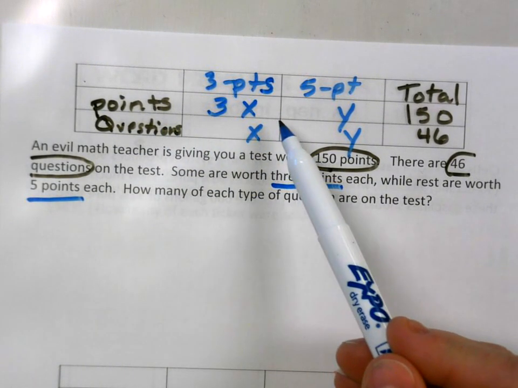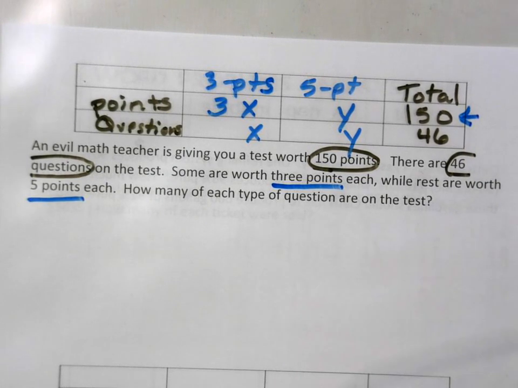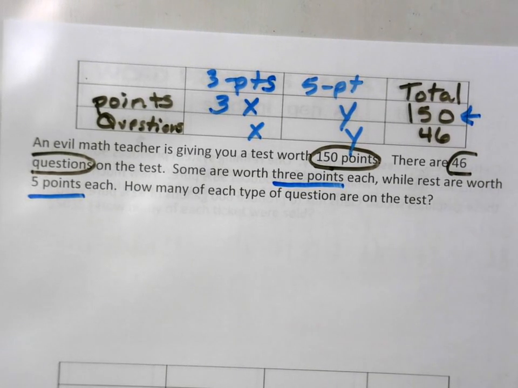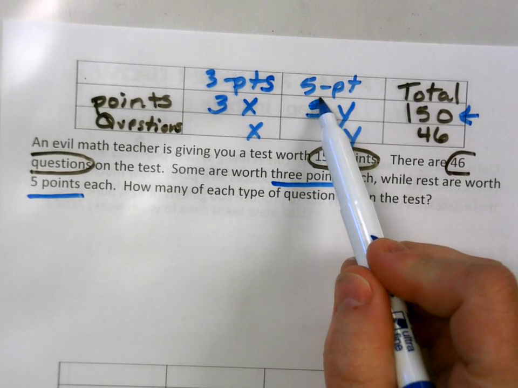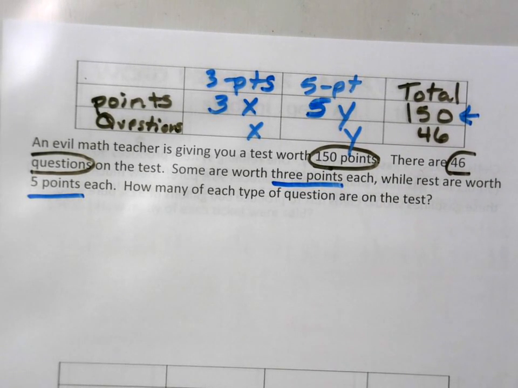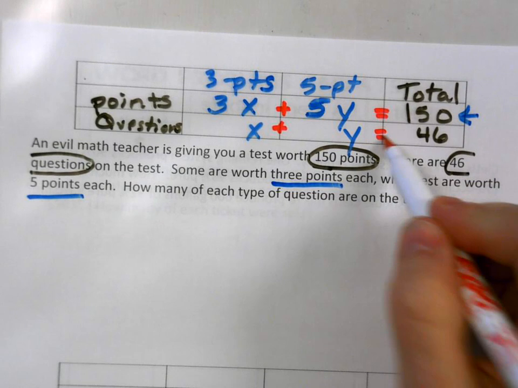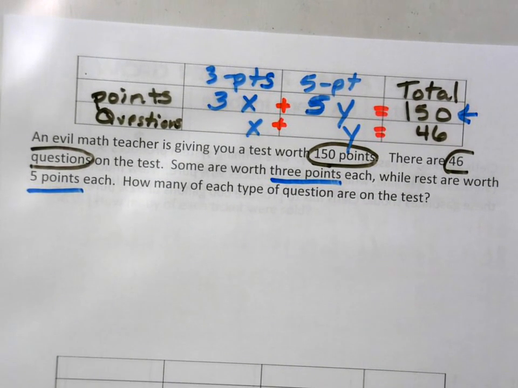The one with a bigger total is probably going to be the one that's got some multiplication going on, right? The one with the smaller total is not going to have as much multiplication going on. So this is 3x and 5y. We're going to put our plus signs and our equal signs on there. So we've got our equations.